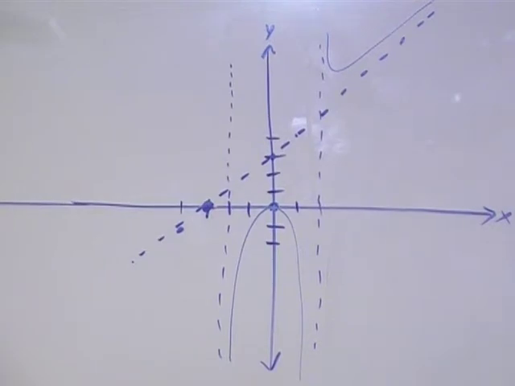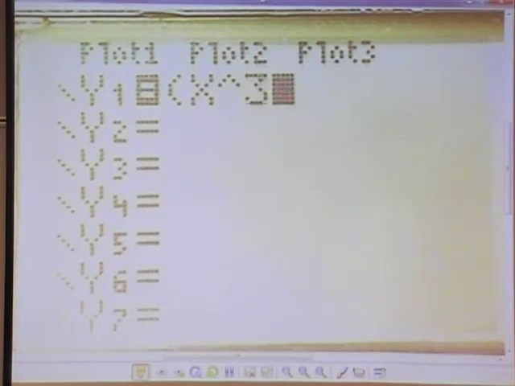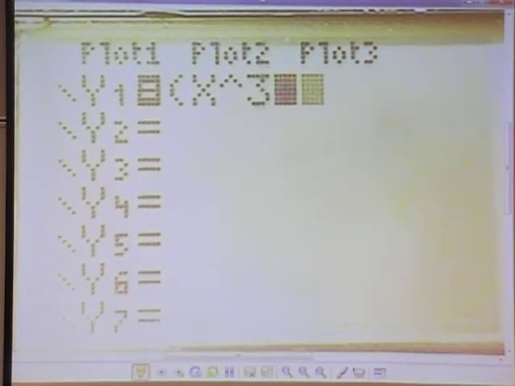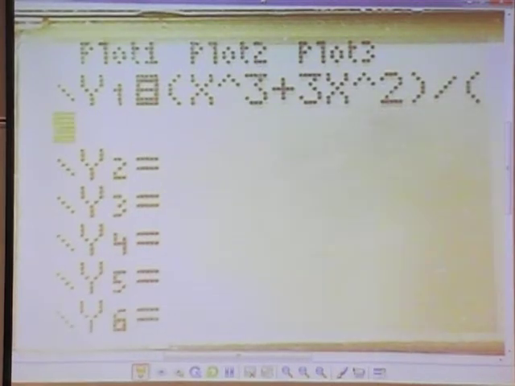Alright, so now I want you to use your graphing calculator, plug that in, and see if we can get the right window to look at. What is that, x cubed plus 3x squared over x squared minus 4.